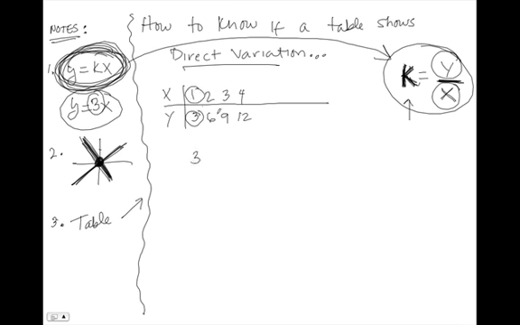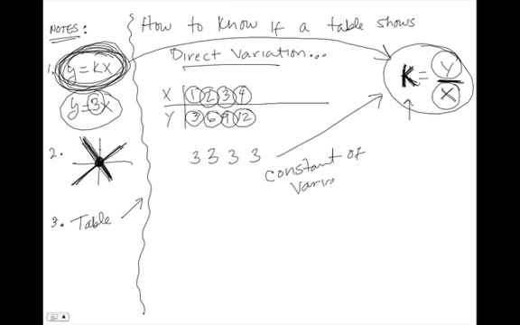Watch. Take my y, divide it by my x. That's 3. Take my y, divided by my x. That one's 3. Take my y, divided by x. 9 divided by 3. That's 3. 12 divided by 4. That's 3. They're all the same. Since they're all the same, that means they're constant, which means the constant of variation in this case is 3.